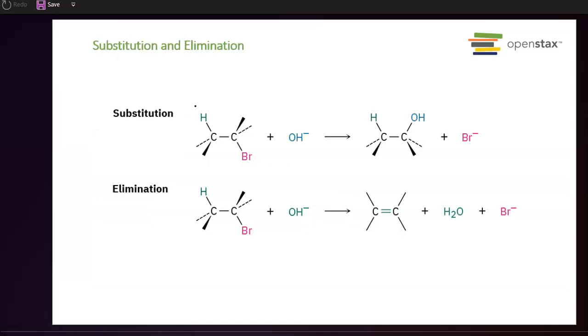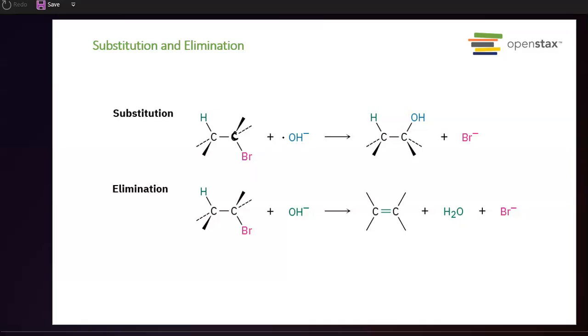So we'll start by comparing substitution and elimination reactions. The fact that the carbon-halogen bond is polar in nature makes this carbon atom here very electron poor, and therefore they can either undergo substitution reactions or elimination reactions.